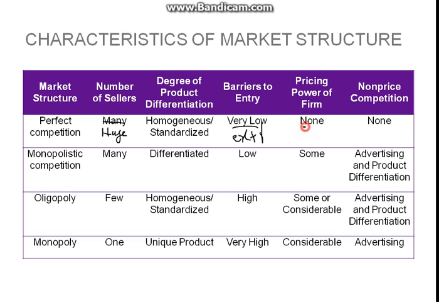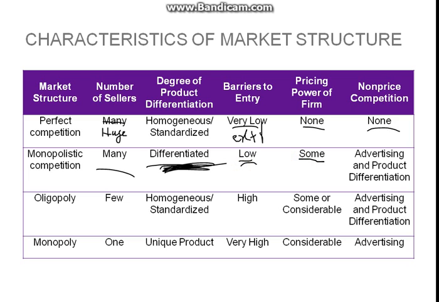Pricing power: no, there is no pricing power. Non-price competition: there is none. There is always only price competition. Monopolistic competition: many sellers, yes. There are differentiated products, differentiated in coloring, taste, usability, weight, anything. Barriers to entry are not extremely low, but simply very low.